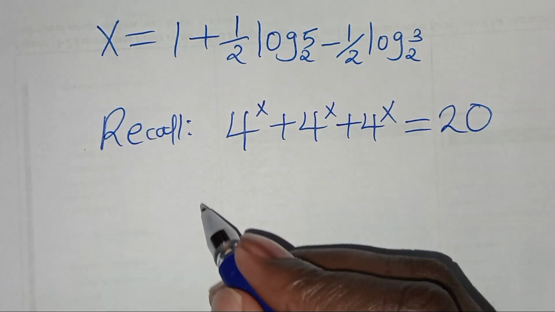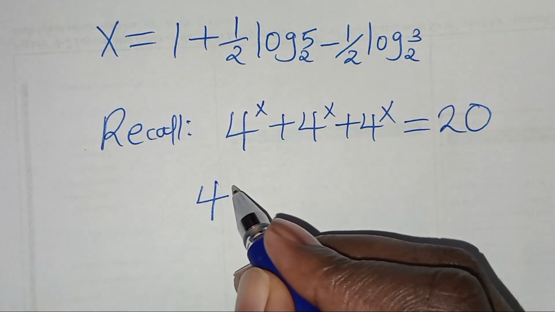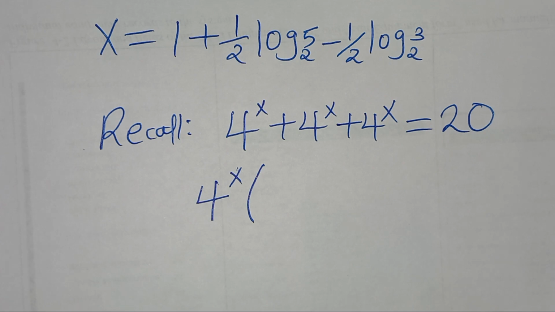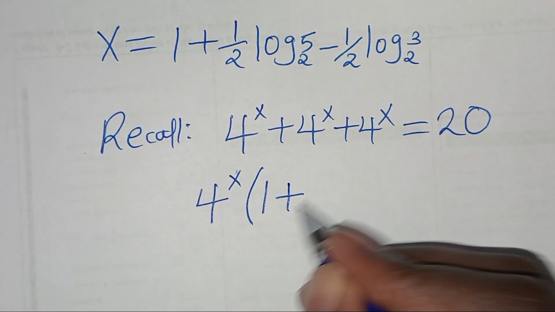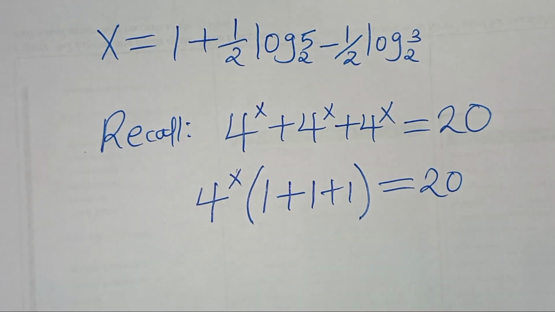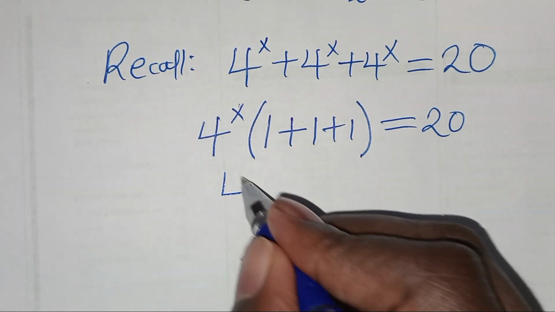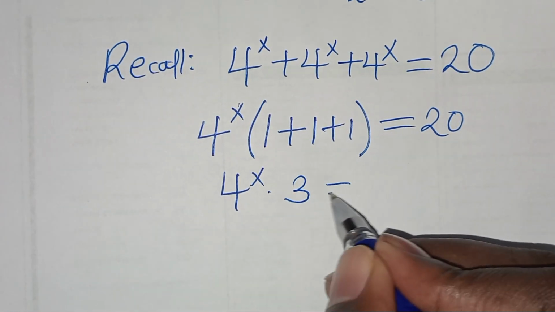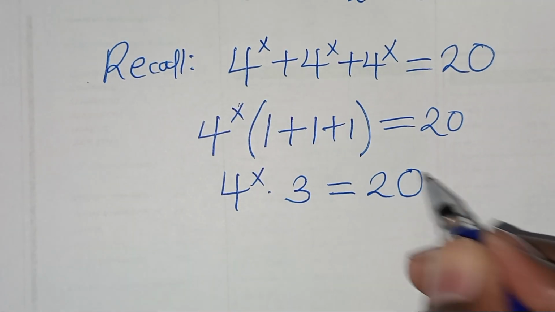And given that 4 to power x is common here, we factor out 4 to power x, so that now we'll have into the parentheses 1 plus 1 plus 1. This is equal to 20. So this is 4 to power x times 3. This is supposed to give us a value of 20.